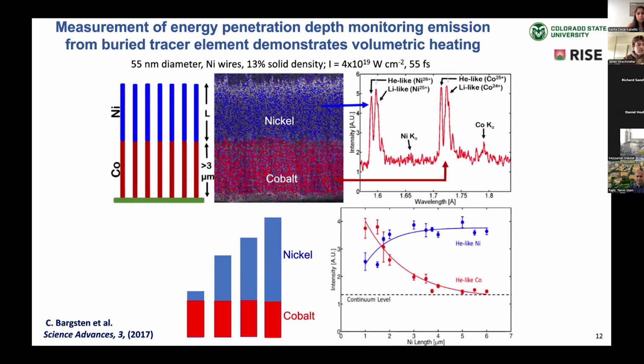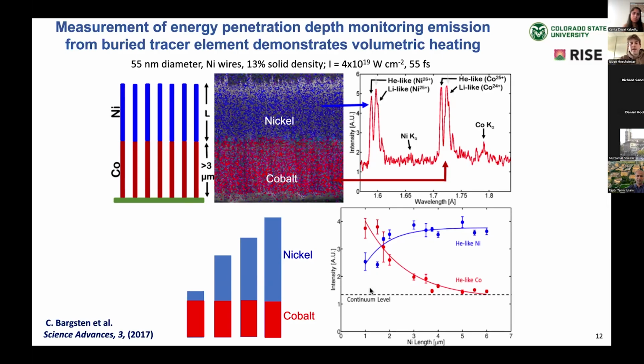We also measured the depth of absorption of these nanowire arrays by measuring the X-ray emission versus the nanowire size. How we did this is we had greater than 3 microns of cobalt nanowires, and on top of that, we put nickel nanowires of various sizes and measured the X-ray emission.